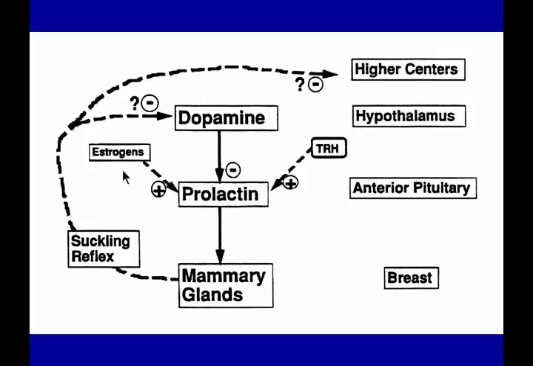Prolactin is regulated by dopamine. It's also regulated by estrogen, but in a totally different method. Dopamine is an inhibitory factor to prolactin secretion. Estrogen is a stimulus for the proliferation of prolactin-secreting cells.